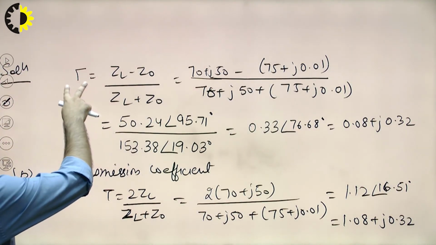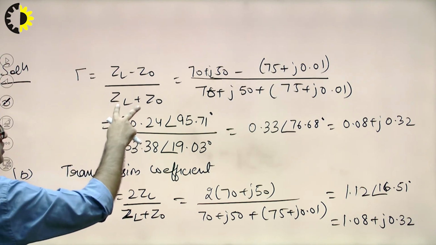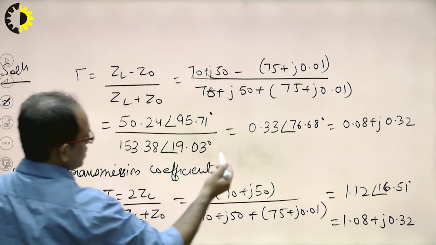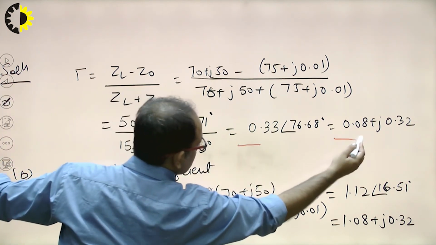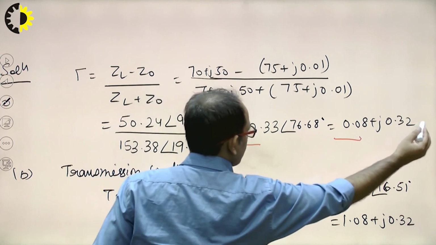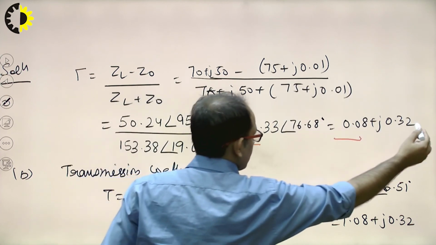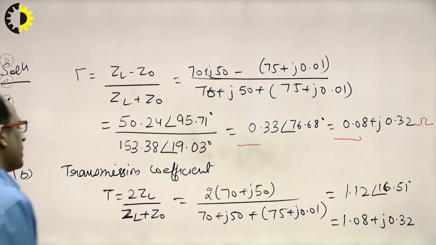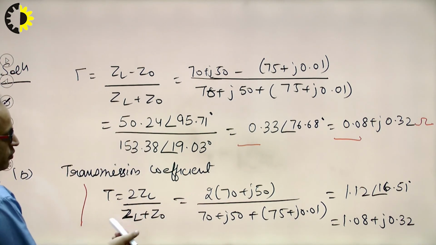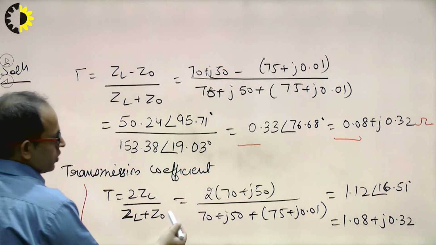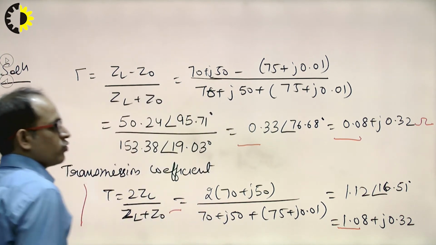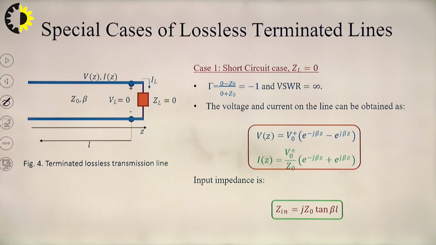Clear? Just put the values here, and on solving using a calculator, you will get 0.08 plus j 0.32. And for the transmission coefficient, put the value in 2 ZL upon ZL plus Z0 and you will get 1.08 plus j 0.32.